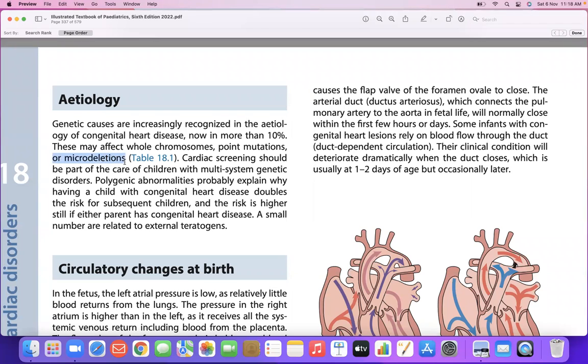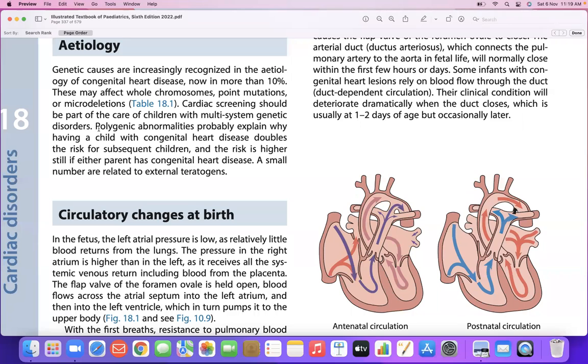I think Williams syndrome is due to deletion, as I remember, but if anyone remembers, please let us know. Any example for point mutation also you can give. Go back and check. I think Williams syndrome is due to microdeletion.